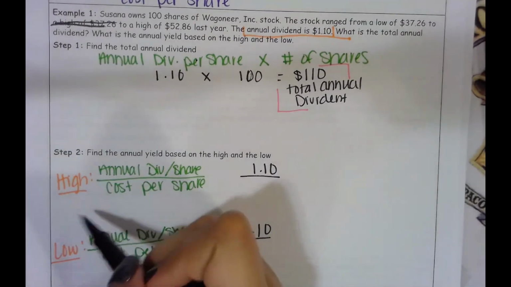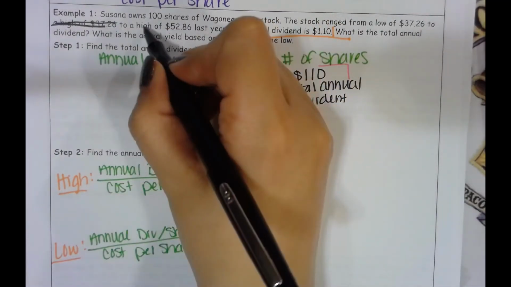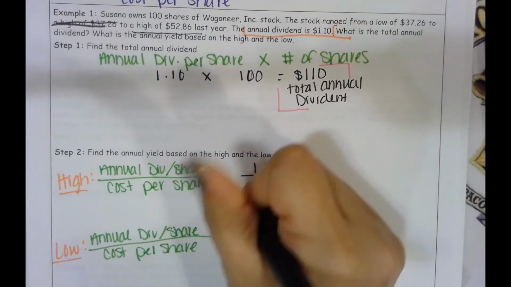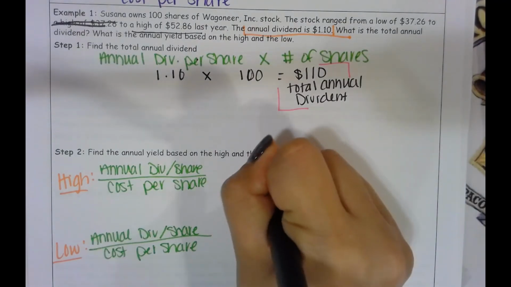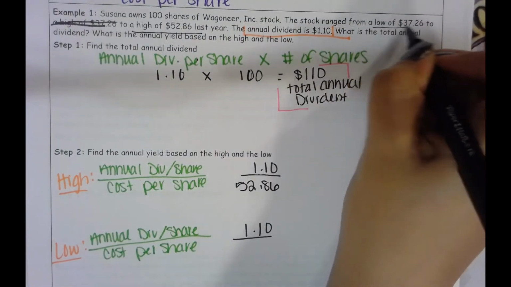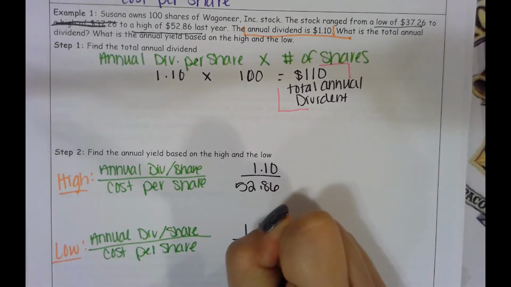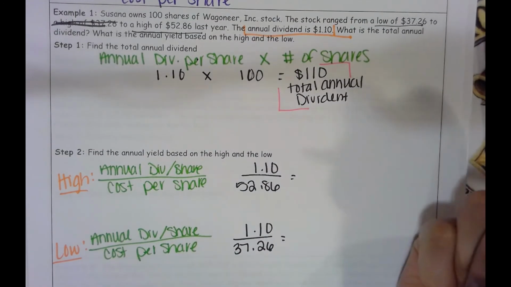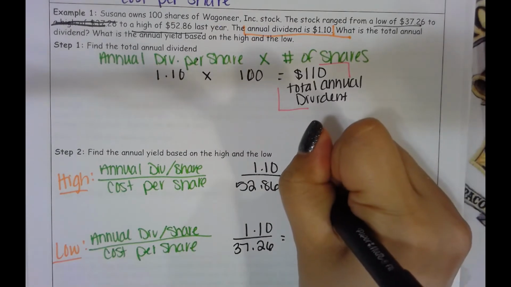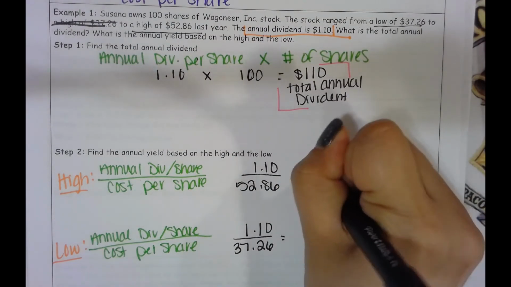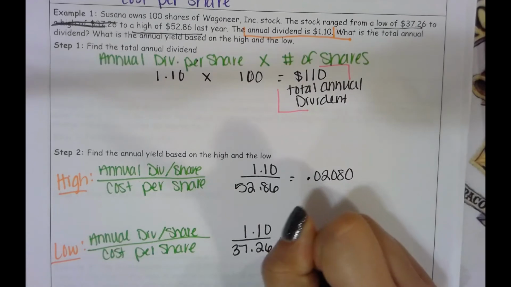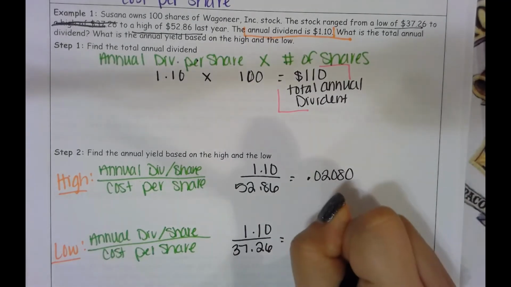Now remember the high, it tells you a high of $52.86 and a low of $37.26. So the high will give us 0.02080, and the low will give us 0.02952.